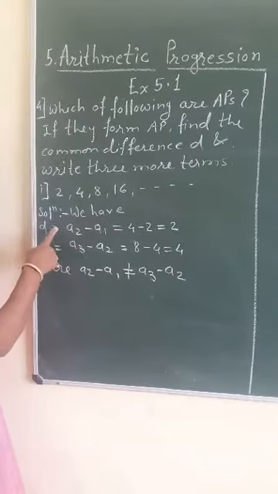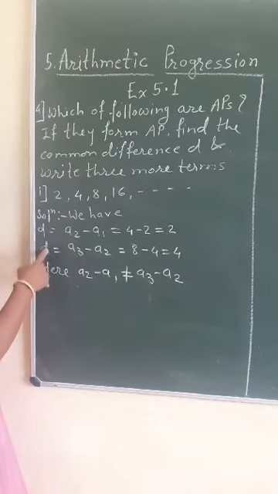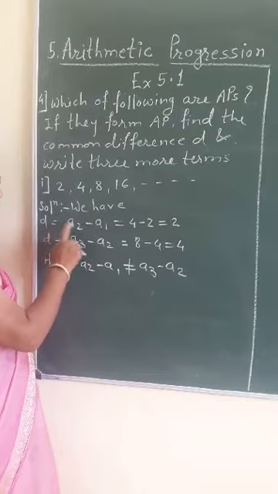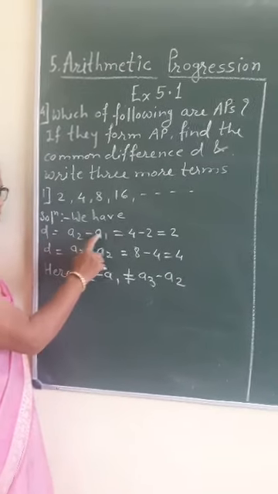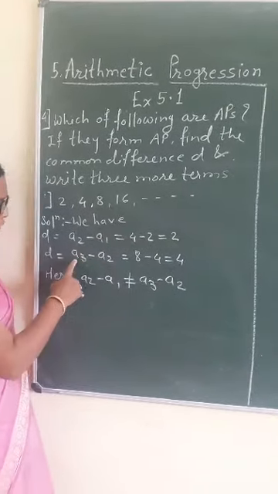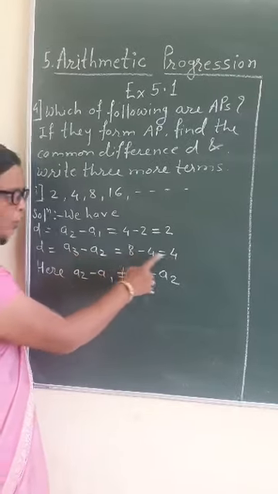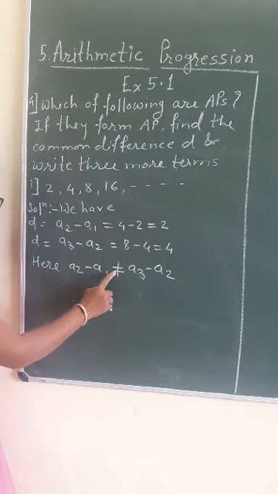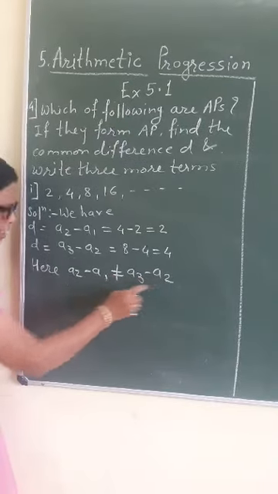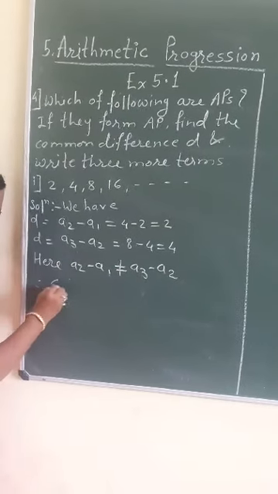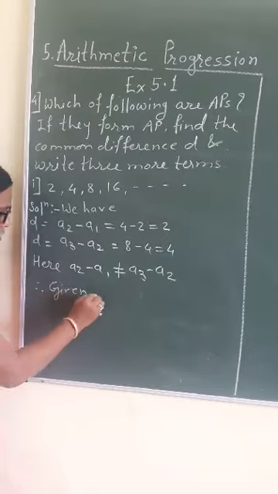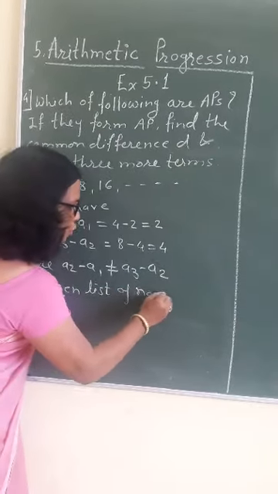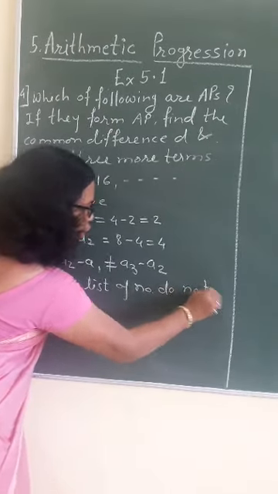We want D to be equal every time. When we did A2 minus A1 we got 2, and when we did A3 minus A2 we got 4. So A2 minus A1 is not equal to A3 minus A2, therefore the given list of numbers does not form an AP.